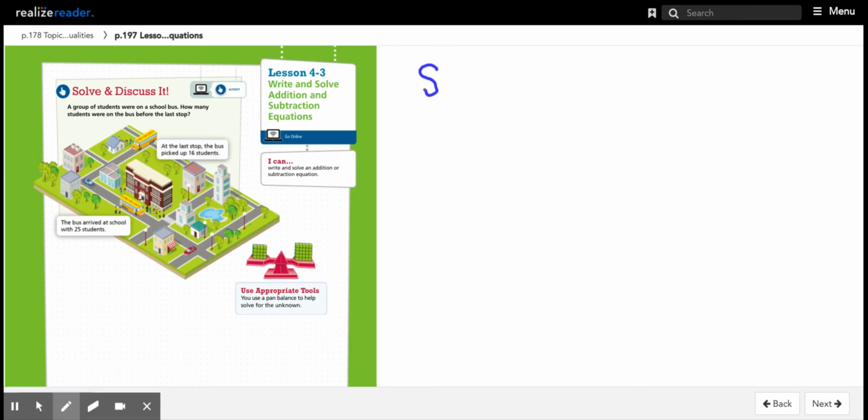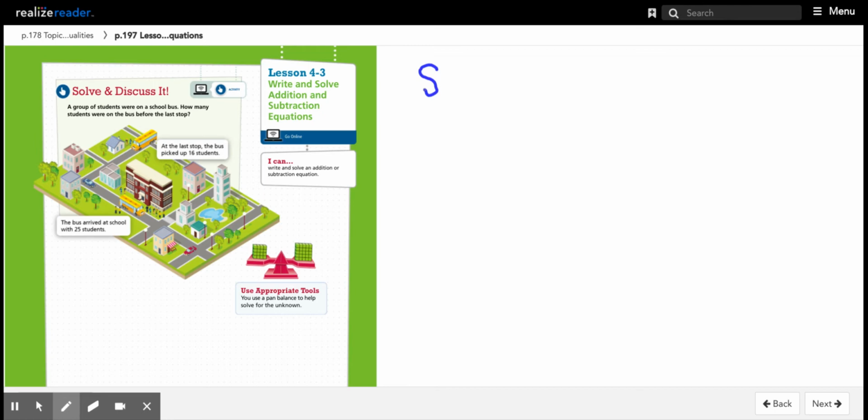Then we can say at the last stop, the bus picked up 16 students. That means 16 more students will be getting on the bus. If 16 more students are getting on the bus, do you think we will be adding 16 or subtracting 16?